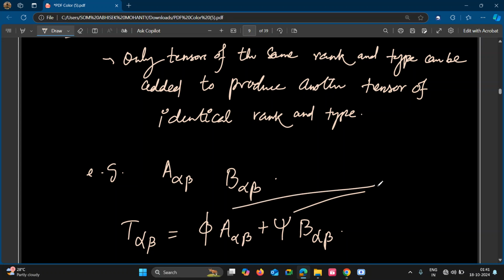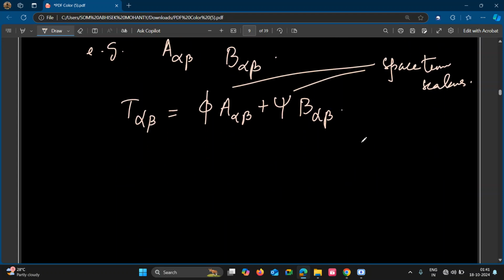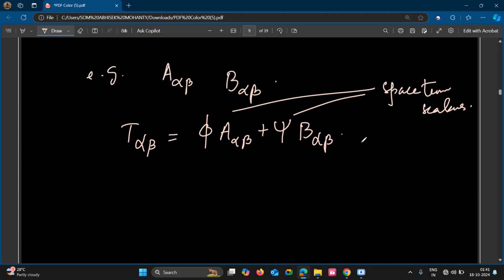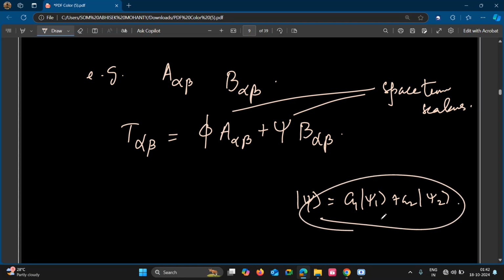These two are called space-time scalars, rank zero. This is exactly what we used to do in quantum mechanics, where you write psi equal to a1 psi 1 plus a2 psi 2, a linear combination of wave functions. Here also it is a linear combination of two covariant tensors of rank two.